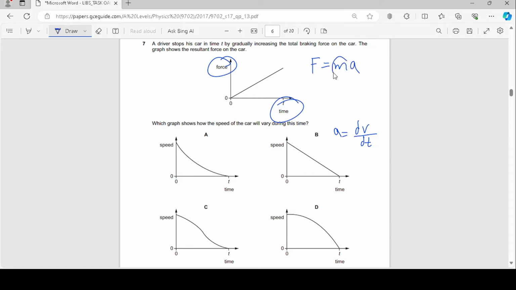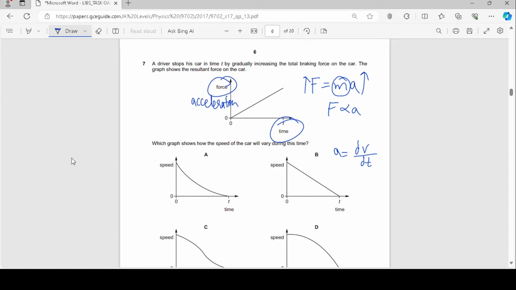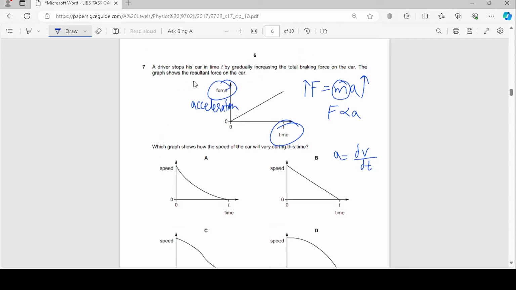That means that if the mass is constant, which obviously for a car you would assume it to be, then F is directly proportional to a. So if this is a force time graph, you can also think of it as an acceleration time graph. But then you have to realize that the driver is gradually increasing the total braking force in the car, right?